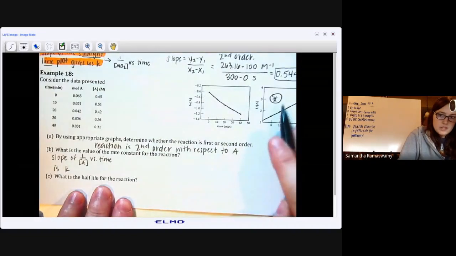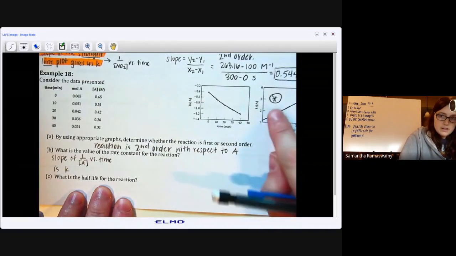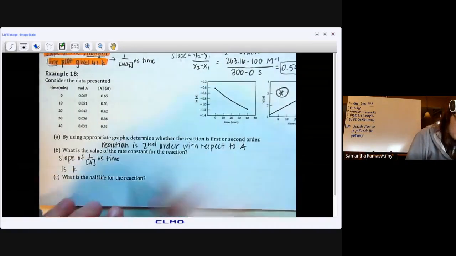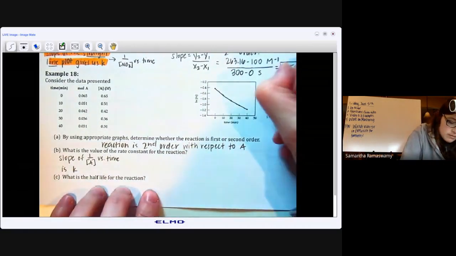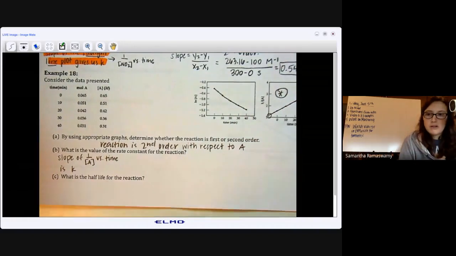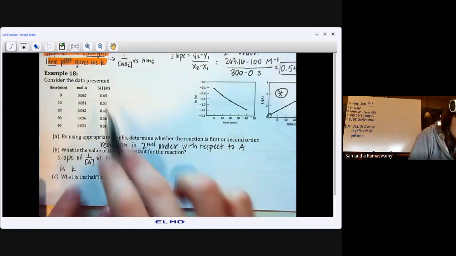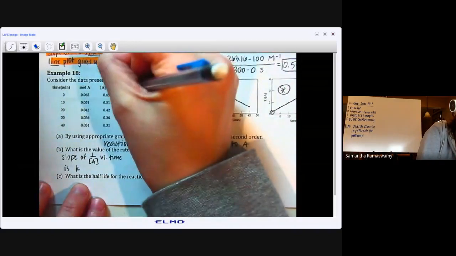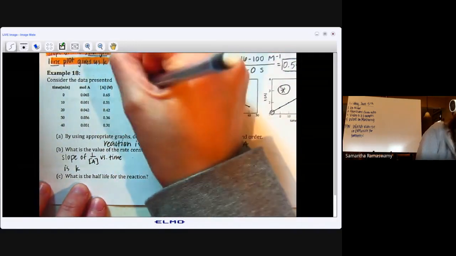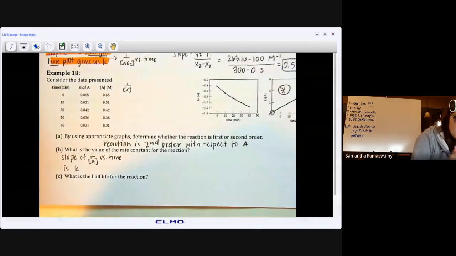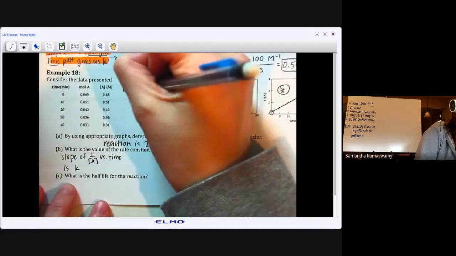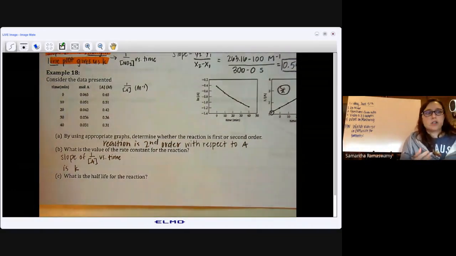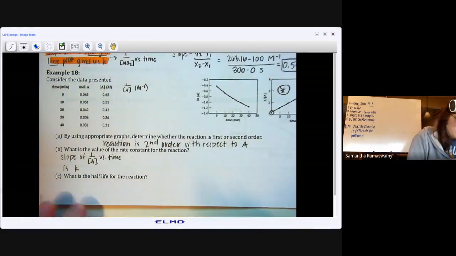The slope of this graph over here will give us K. But we need to pick 2 points on the graph. Here's concentration of A, so I'm going to do the same thing I did before. 1 over molarity gives me the unit per molar. M to the minus 1 is just 1 over molarity.